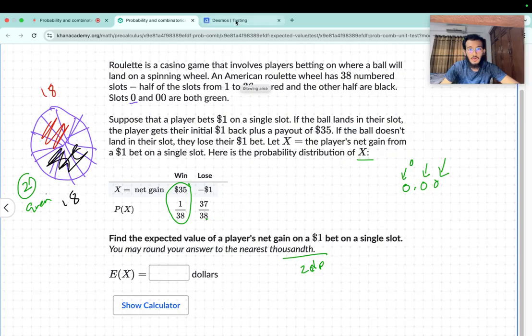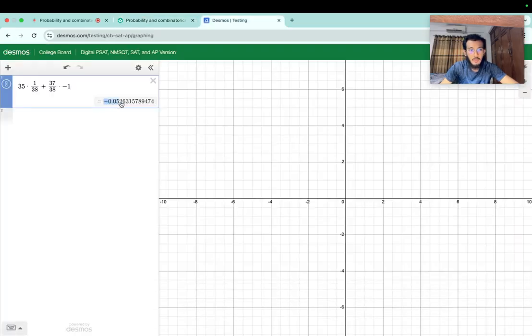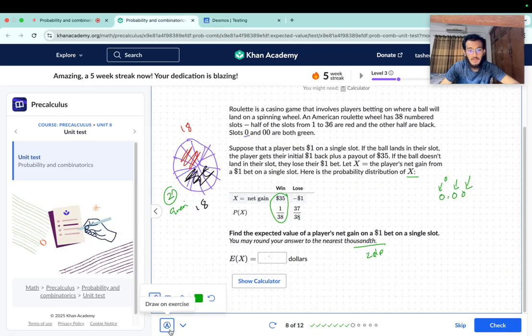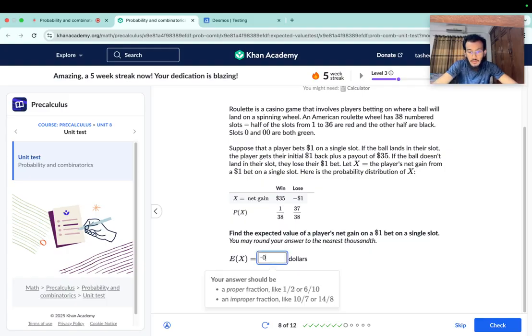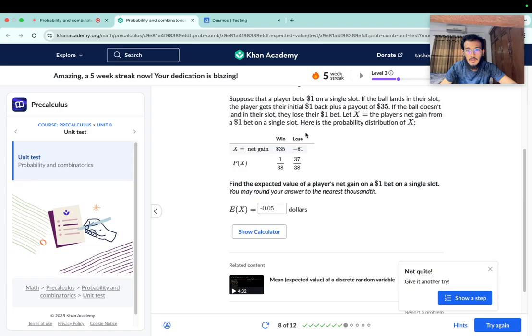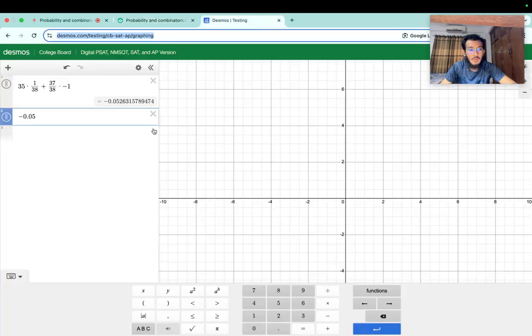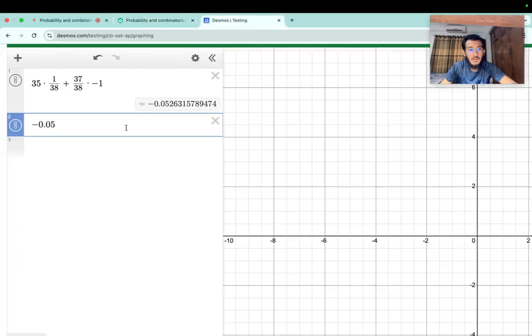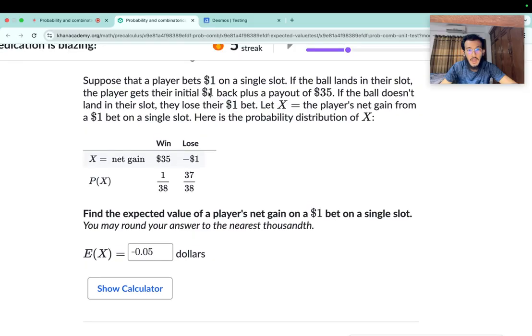All right. So our expected value in 2 decimal places is negative 0.05. If you win, you get your $1 back plus a payout of 35, so your gain is 35, and if you lose it is 37 by 38 times negative 1.